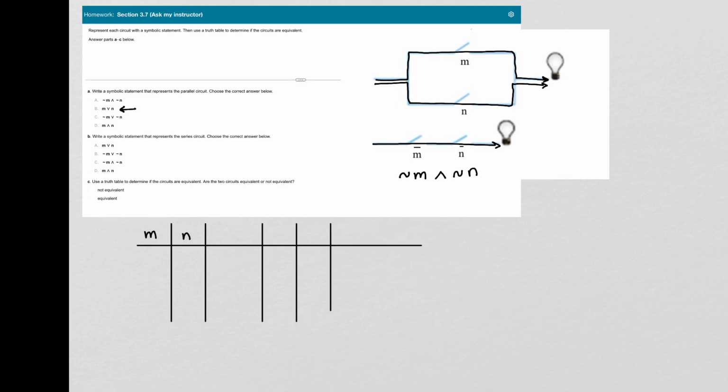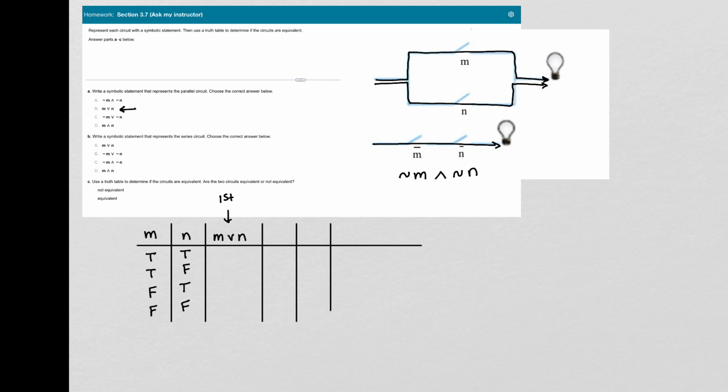And I have for M, that could be true or false. We have two variables, so I'll have 4 rows. And N can also be true or false, and we alternate like that. The first circuit is M or N. So this is the result for the first one.